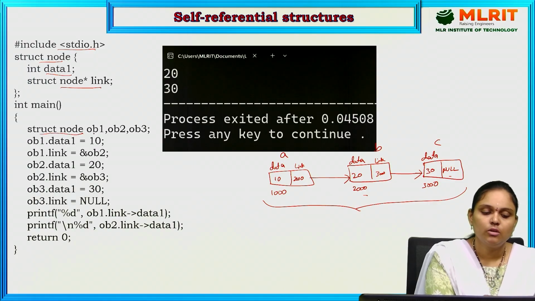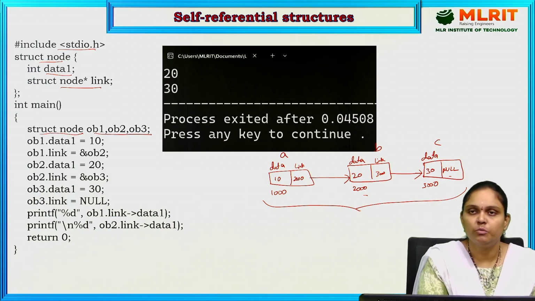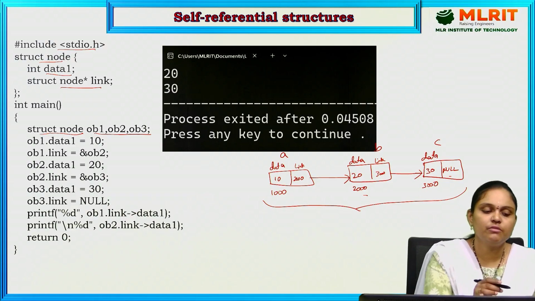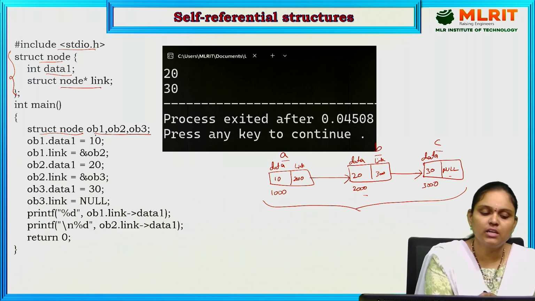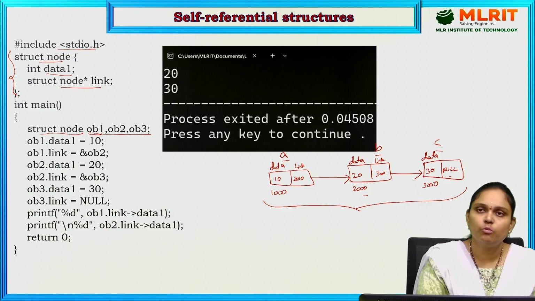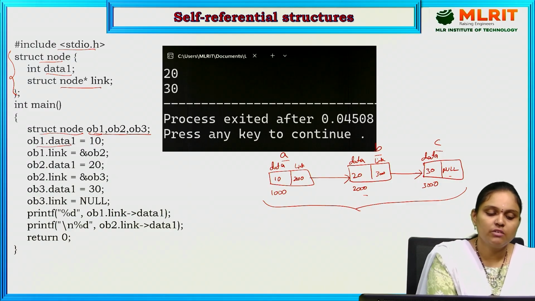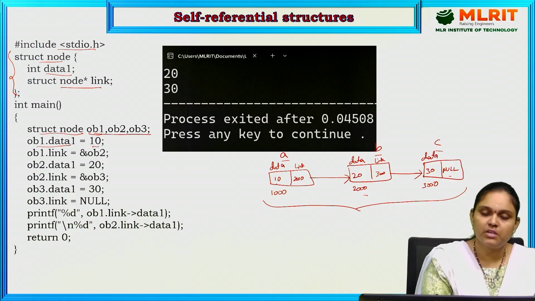See here, struct node OB1, OB2 and OB3. These OB1, OB2, OB3 are nothing but the variables that we are creating of this structure type. To create a node, here we have taken A node, B node, C node. In the same way, we are taking the node names as OB1, OB2 and OB3. So here OB1 data we are taking as 10, so the 10 will be placed over here.